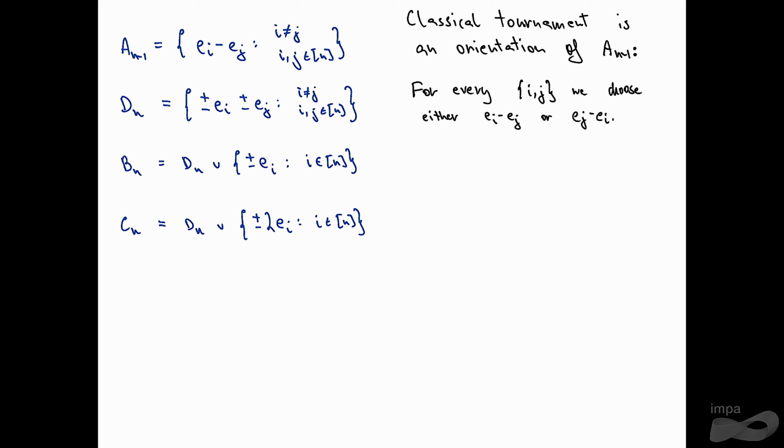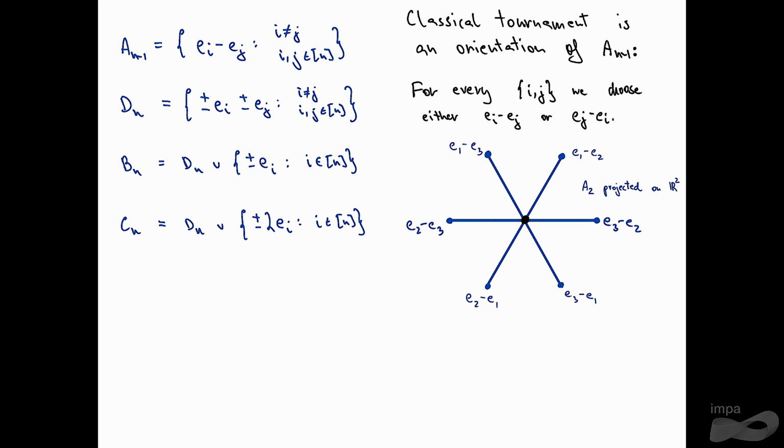Maybe a better picture of how they correspond to A_n is that for every vector in the root system A, they are paired: for every vector v there is minus v in the family.